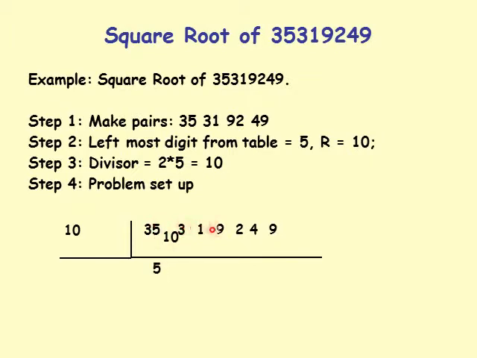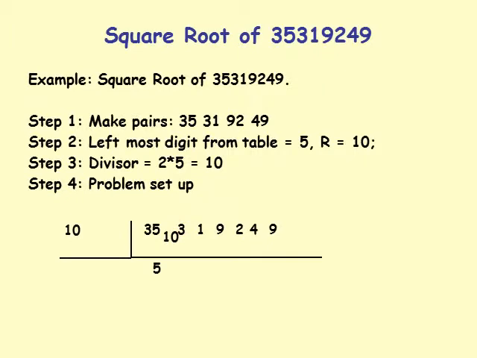Then 3, 1, 9, 2, 4, 9 are the dividend digits we have not used yet. From this 5, I got 10, twice as much as the divisor. And this remainder 10 goes with the next dividend digit to make the next gross dividend, which is 103.